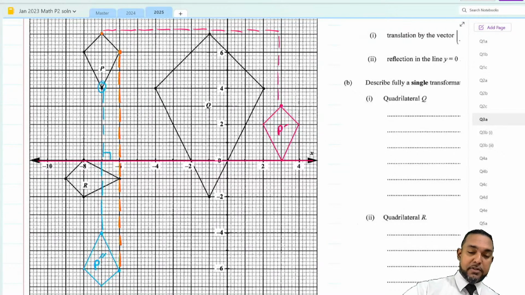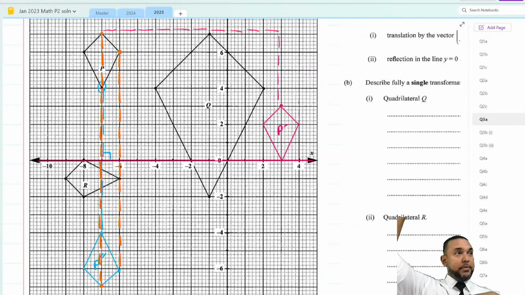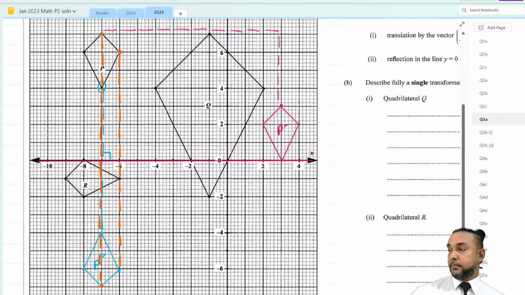If they want the very top, 7 spaces down, its reflection will be 7 spaces on the opposite side. So you count straight perpendicularly from the point to the mirror line, and count the same number of spaces on the opposite side to get the reflection. All right.